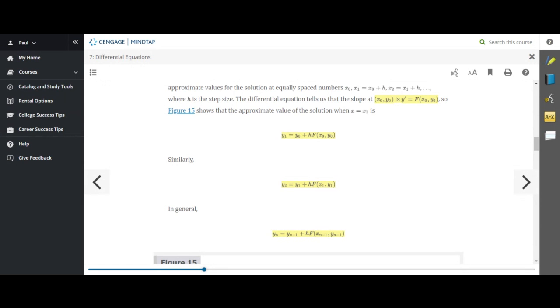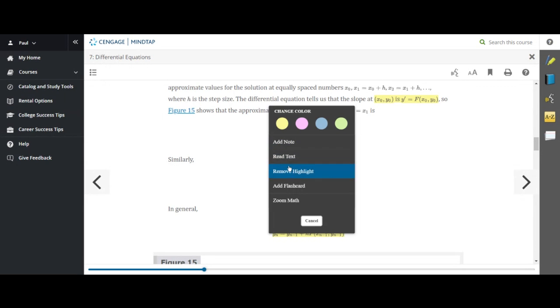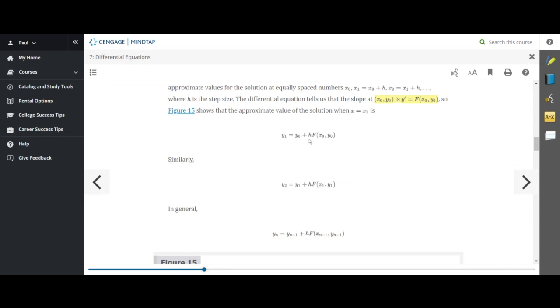And then y sub 2. Let me make sure. Yeah, so this is y sub 1. Now y sub 2 is going to take the approximations you got from your first iteration. In other words, you estimate y2 based off of the information you got previously.